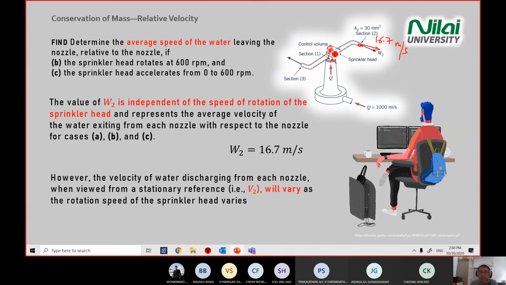Imagine you are sitting here without moving, and the sprinkler head is moving. Actually, you are seeing the same thing whether it's moving or not. It doesn't matter how fast the sprinkler head is moving.